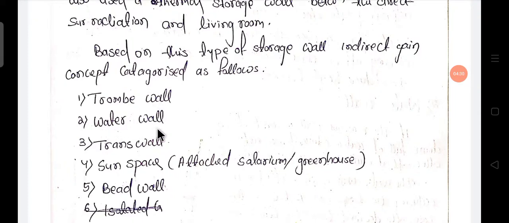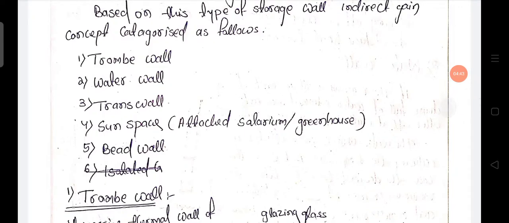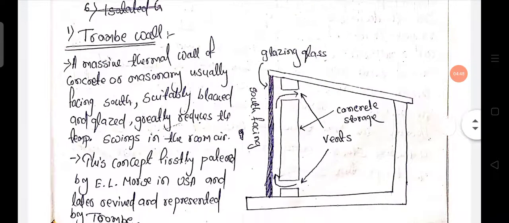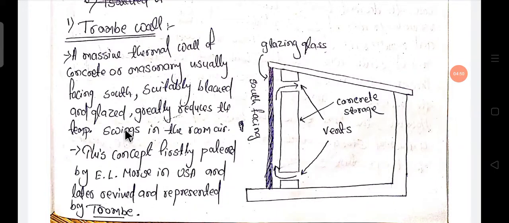Next is the water wall. Next is the trans wall. Next is the zone space. Next is the bed wall. We will see these five categories one by one. Today we will see what a Trombe wall is.